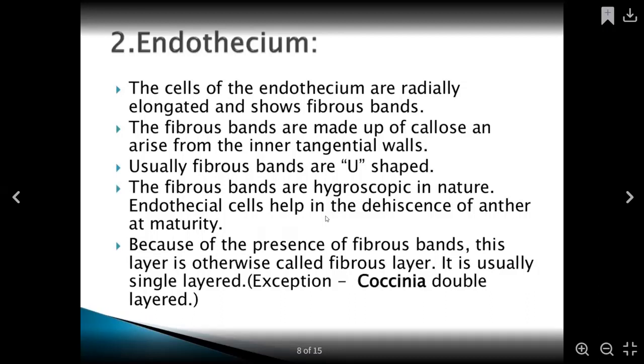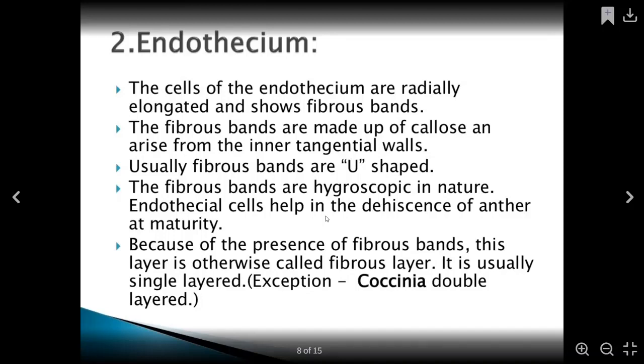The cells of the endothecium are radially elongated and show fibrous bands. The fibrous bands are made up of callose and arise from the inner tangential walls. Usually some fibrous bands are U-shaped, and in other cases some are C-shaped. The fibrous bands are hygroscopic in nature and help in the dehiscence of the anther at maturity.